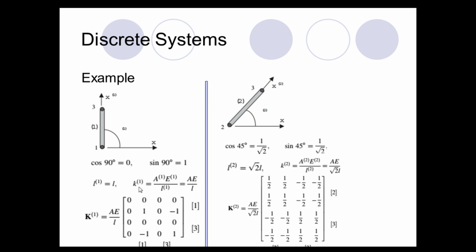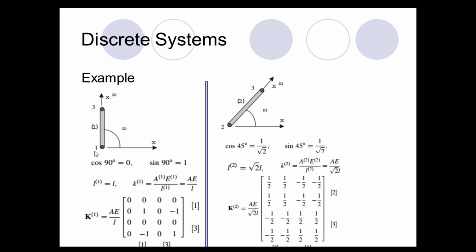So K1 is the area of element 1 times the Young's modulus of element 1 divided by L1. So this is AE divided by L. As a result, the element stiffness matrix is 0, 0, 0, 0, 0, 1, 0, minus 1, 0, 0, 0, 0, 0, minus 1, 0, 1.